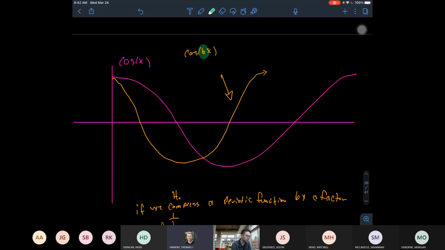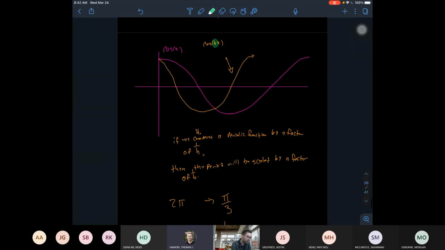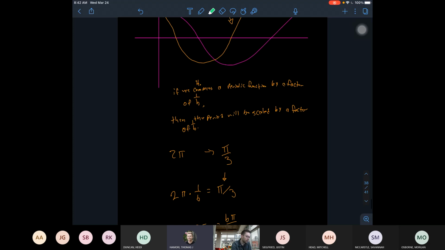So that was the analytic way, but we can also view it as a compression, right? If we take a look at the graph of cosine x versus the graph of cosine bx, we know that we shrink the graph horizontally, or stretch it, by a factor of 1 over b. So if we want the period to be smaller, then we should choose b such that when we shrink the period 2 pi by b, we get our new period.